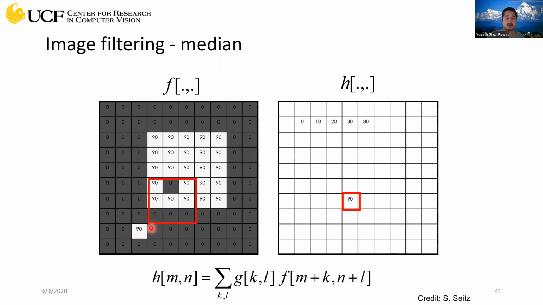That's deviating a lot from what you actually have in this neighborhood. But if you compute the median, then that will be close to most of the numbers, which are close to 10, 20, or 30. So in that kind of scenario, the median filter is more important. We also interpret that as outlier removal, because 90 is an outlier.